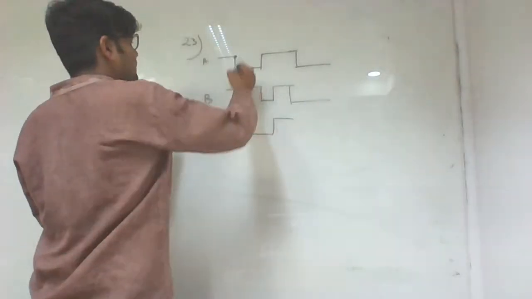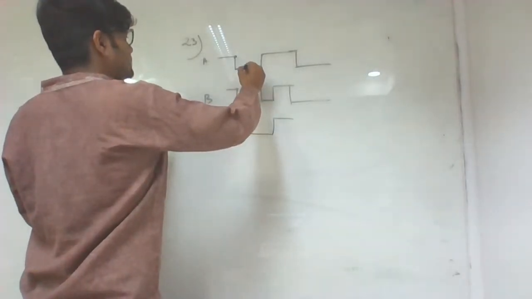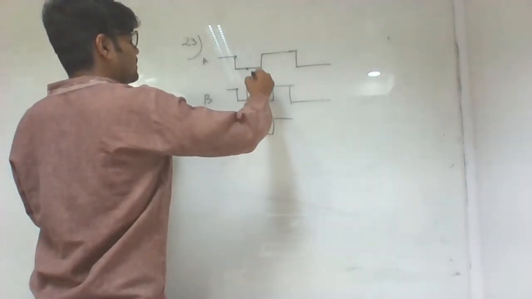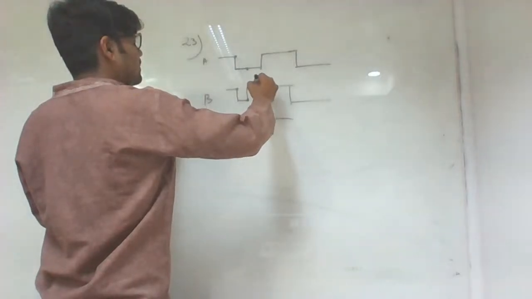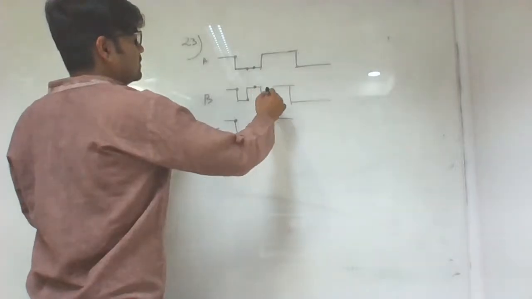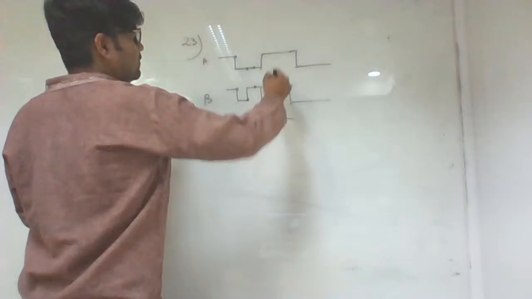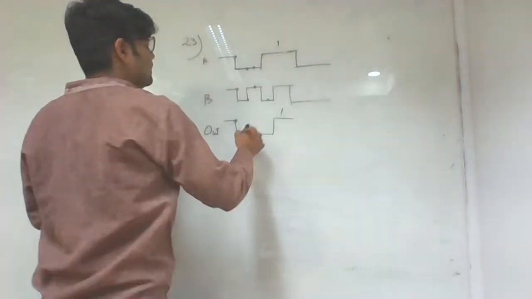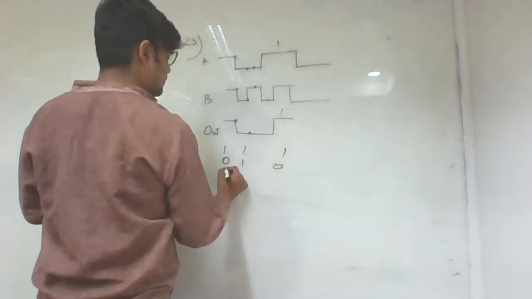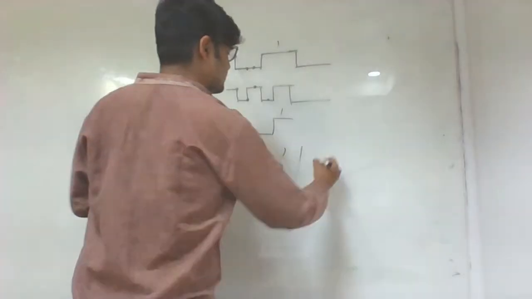So when it is 1, 1, 1, 0, 0, 0, 0, 0, 1, 0, 0, 1, the output matches the pattern 1, 0, 0, 0. This is an AND gate.